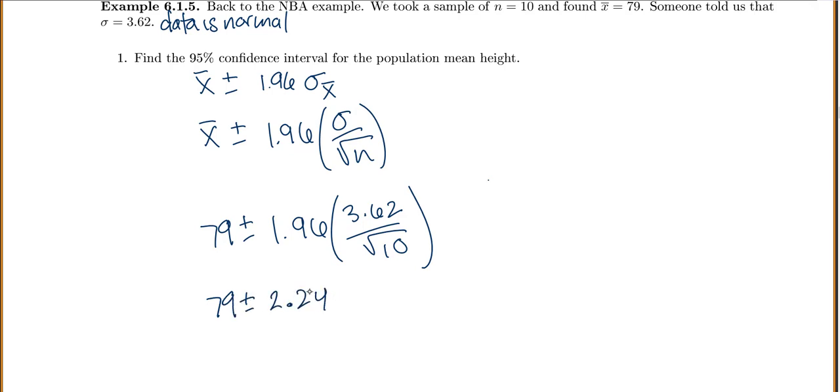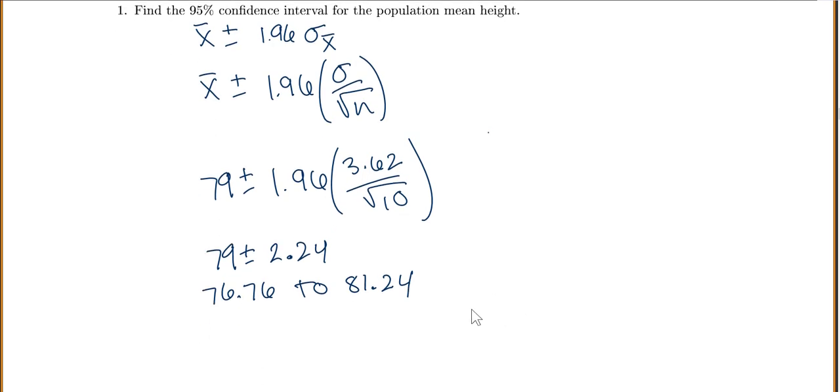Now, if you don't know what plus or minus means, it means we're going to do 79 minus 2.24, which gives me 76.76. And if I do 79 plus 2.24, I get 81.24. So you do one minus and one plus. So this is my confidence interval.